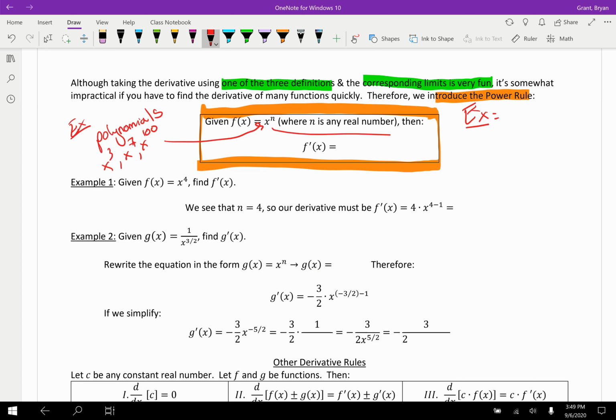We could also do things that aren't polynomials, that just have that form, x to the n. We could have x to the 1/2, our square root function. We could have x to the pi. Ooh, that's pretty crazy, right? That's not even rational, that's irrational. We could do anything like that. As long as it's x to some power, you can write it as x to some power.